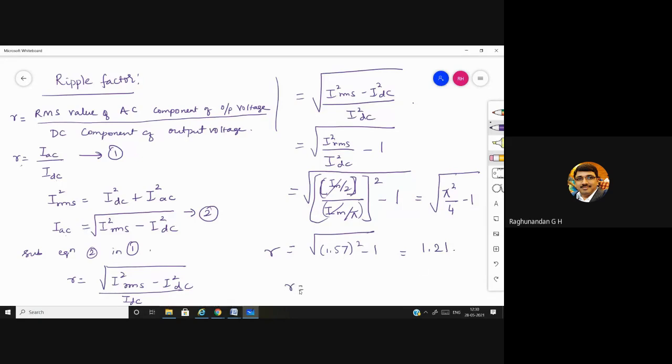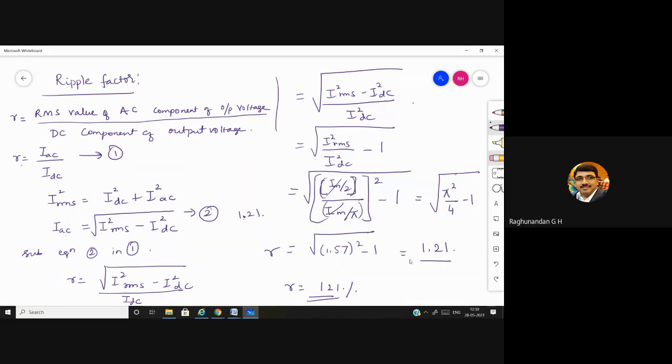If you write it in terms of percentage, it will be 121%. In the book it is printed as 1.21, but that is a typing error. It is 121. Just change that. Ripple value is 1.21, but ripple factor in terms of percentage is 121%.